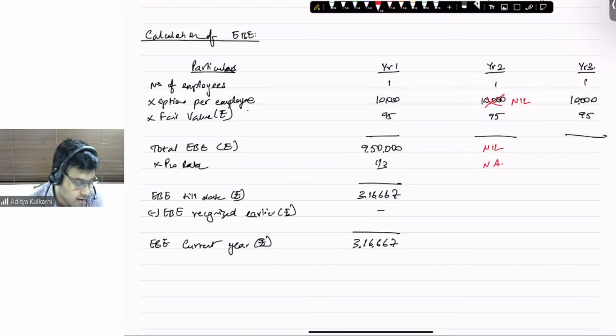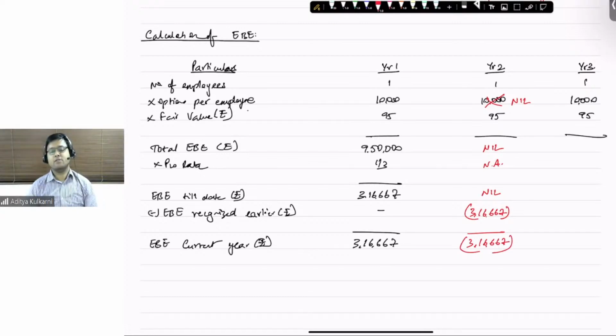EBE till date is going to be nil. EBE recognized earlier, 3,16,667. So EBE for the current year is actually going to be a negative figure. Why so?